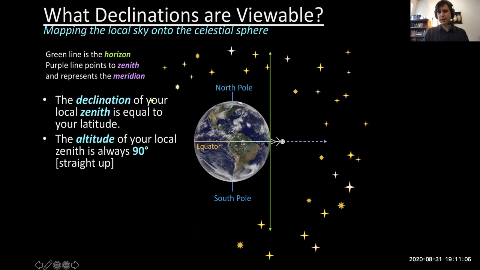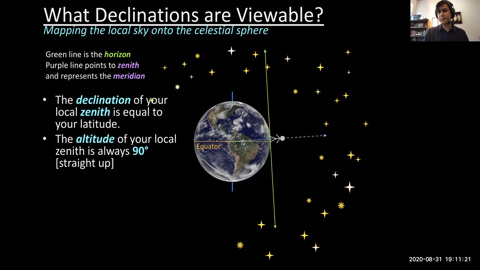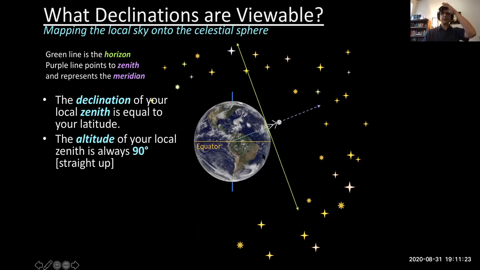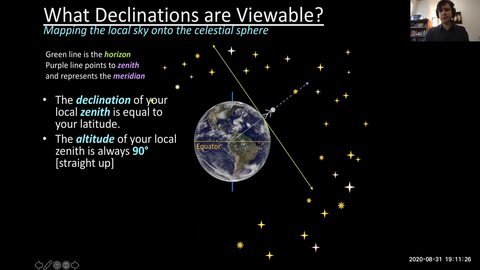So this person right here is on the equator. So their latitude would be 0. Their zenith pointing out towards the celestial sphere, that would be the celestial equator, which definitely has declination of 0. It's easier to see if I go up to Knoxville. So moving this person 36 degrees, so a 36-degree angle right here, moving them up 36 degrees.